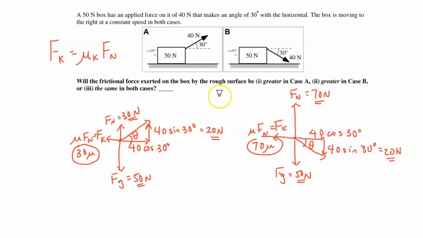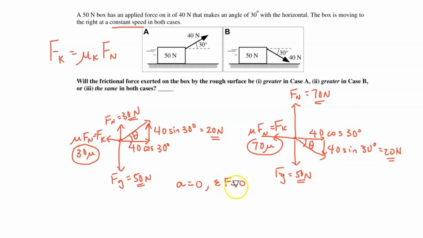However, in this case, these two boxes are moving at constant speed. If they're moving at constant speed, that means the acceleration is 0. And if acceleration is 0, that means the net force is also 0.